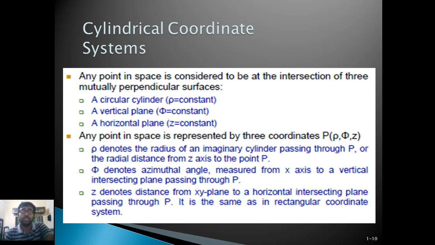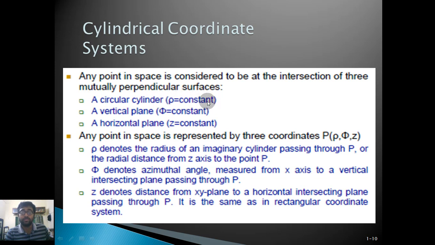Now we will describe the cylindrical coordinate system, how it works. In cylindrical coordinate systems, any point in space is considered to be at the intersection of three mutually perpendicular surfaces. One, a circular cylinder, rho, which is constant.